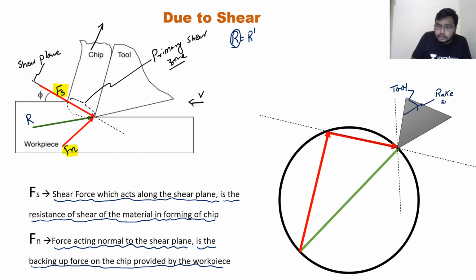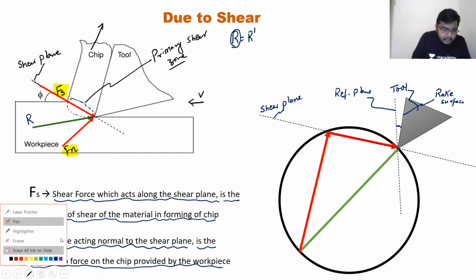Clear? Now this is your shear plane, and this is your reference line, reference plane. And this angle is alpha, the rake angle.